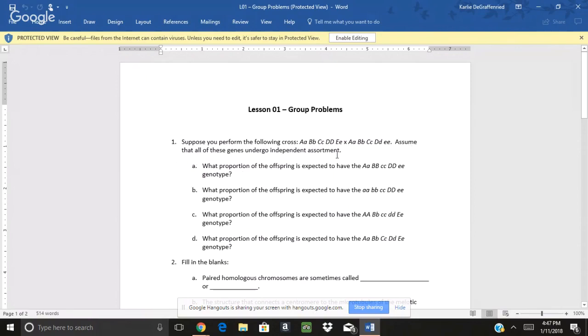Assume all of these genes undergo independent assortment.